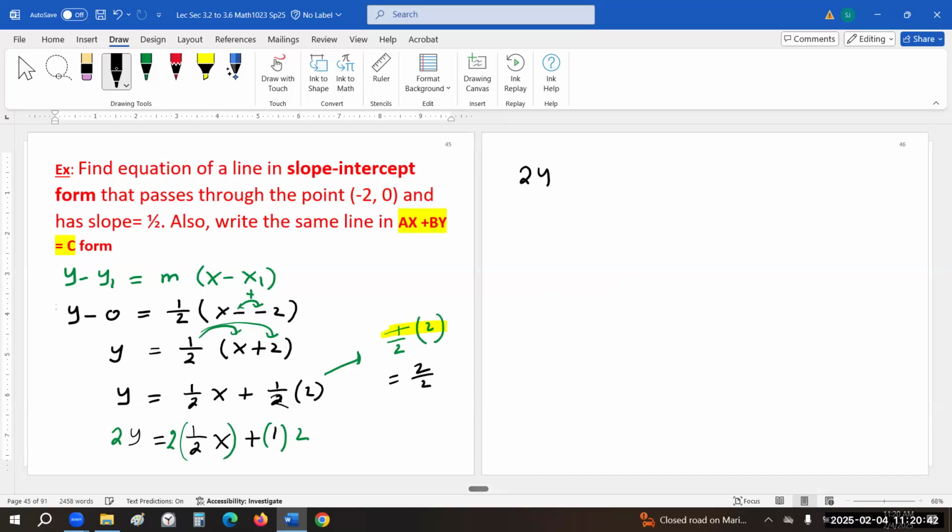We have 2y equals x plus 2. So almost done. We just want x and y next to one another. So what do you do? But we have a problem now. We don't want our x to be negative.